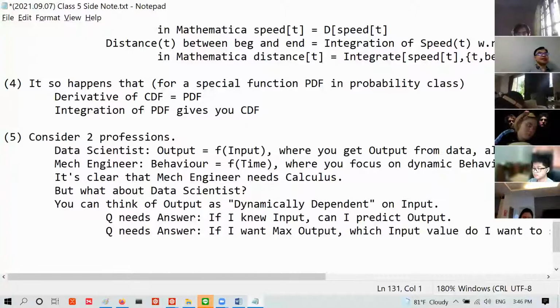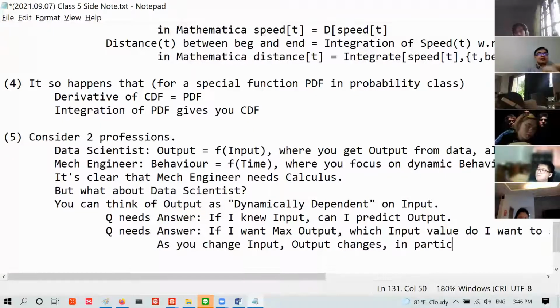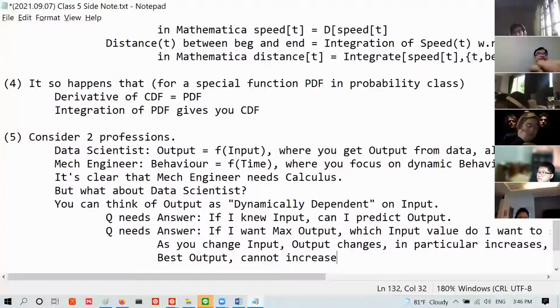Well, if you think about it, if you want maximum output, then what does that mean? As you change input, output changes, in particular increases. Best output cannot increase anymore.